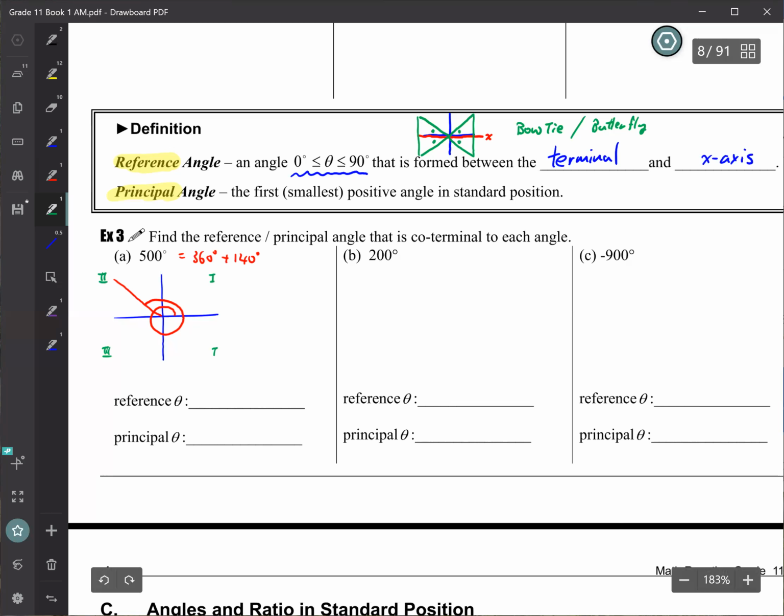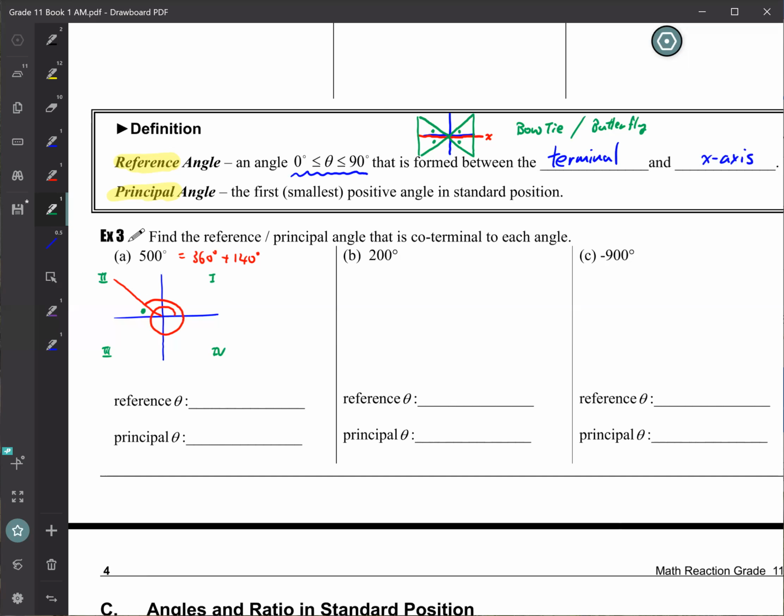Yeah, you go counterclockwise, okay? They order the quadrants according to positive angle, right? Because you always start from the positive x-axis and then turn counterclockwise. That's why they call it 1, 2, 3, 4 like that, in that direction. So if that's the case, the reference angle should be here, right? Quadrant 2, right? According to our butterfly.